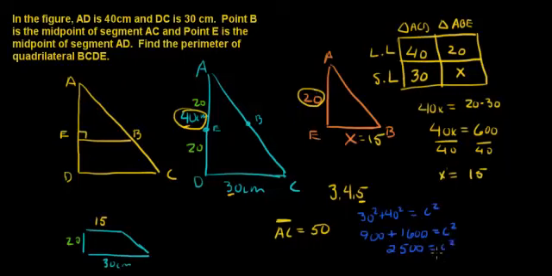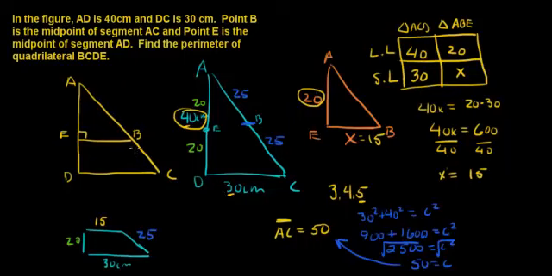Square root of both sides to solve. 50 equals c. Still get the same answer, AC is going to be 50. And since AC is 50, we know half of that is 25 each, because B is the midpoint right here. So AB is 25, BC is 25.